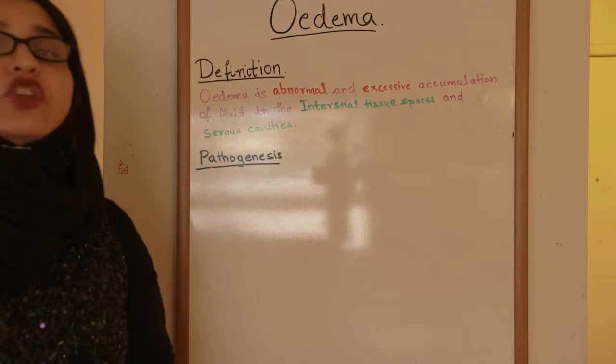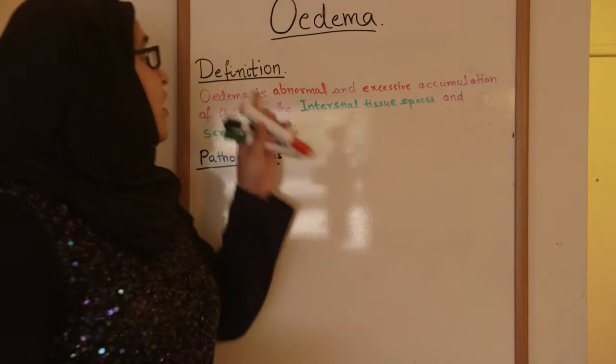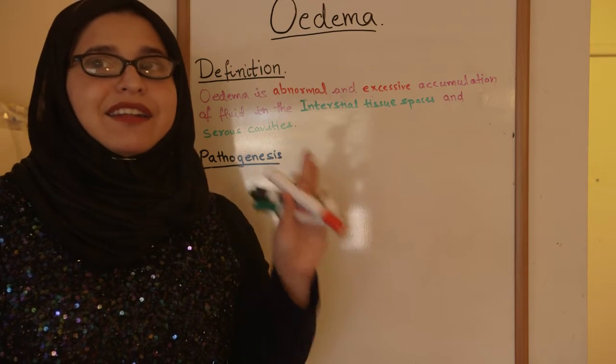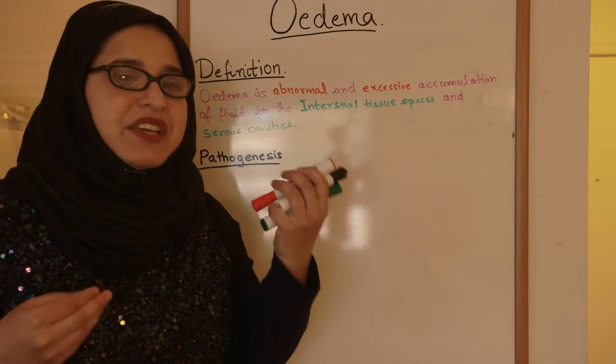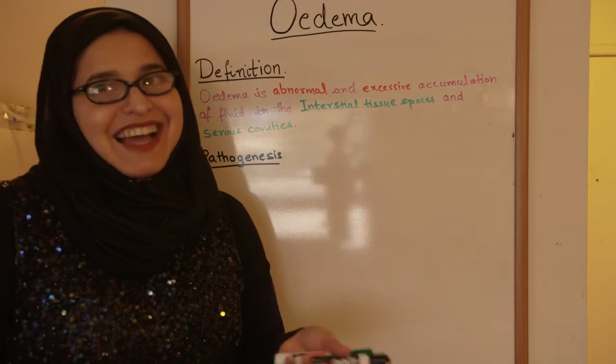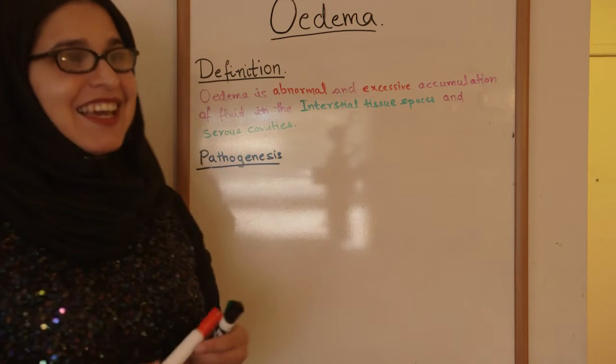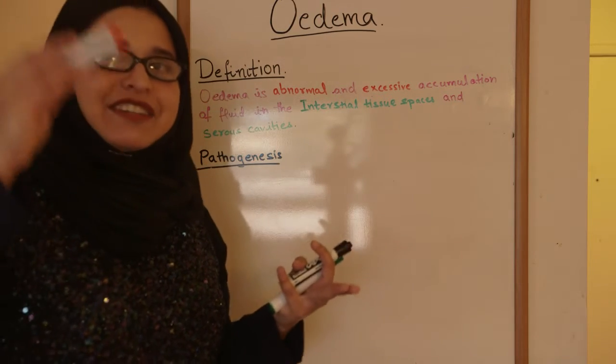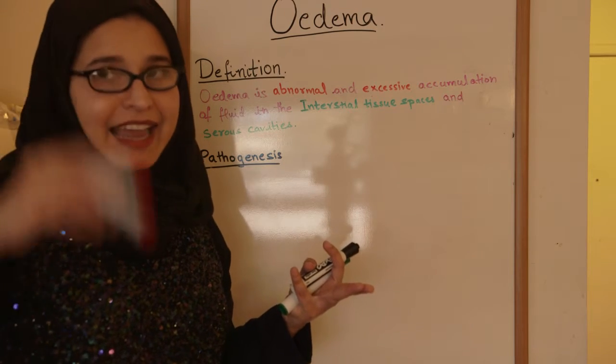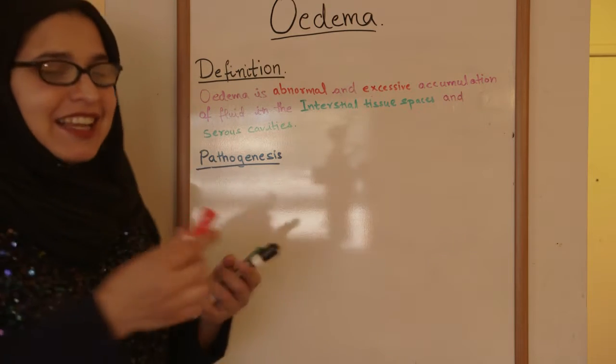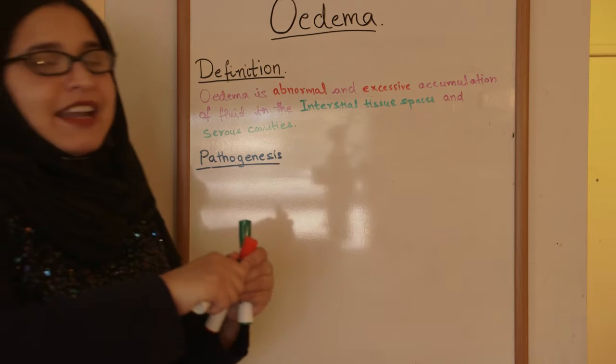So what is the pathogenesis of edema? There is an easy way. Maybe people might also find it easy. I found it easy. I used to learn the first letters of all the headings of the pathogenesis. See, I'll show you here.